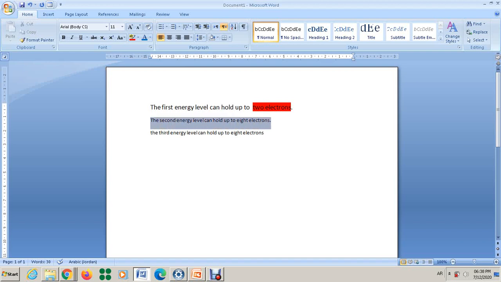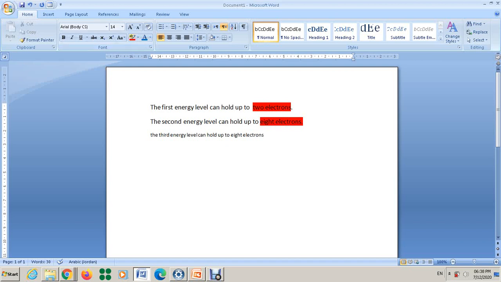The second energy level, if you have an atom with more than 2 electrons, can hold how many electrons? It can hold up to 8 electrons. Maximum 8. Can it hold fewer than 8? Yes, sure, like 2, 1, 3, but maximum you can fill it with 8 electrons.